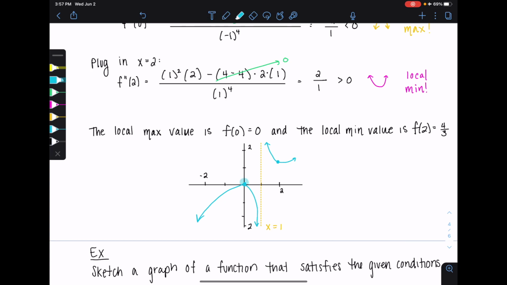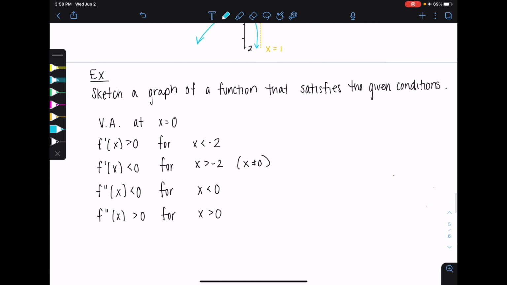So you can see this is a local max because it has that kind of shape. And this is a local min, but it's purely because that graph is split into 2 components that we can have the local max be smaller than the local min.